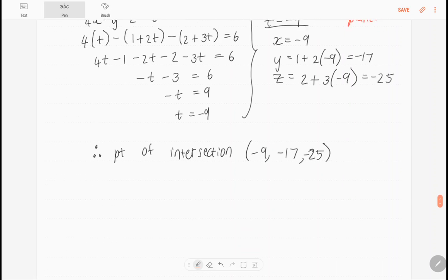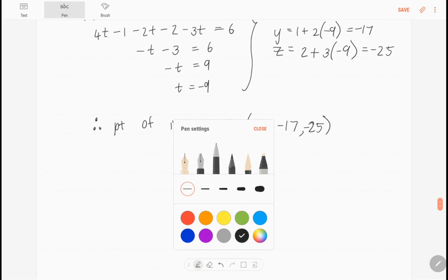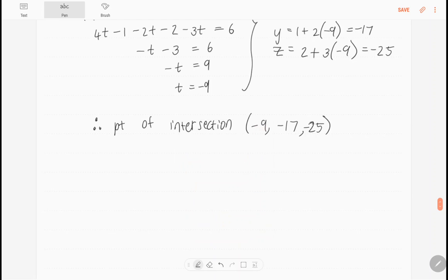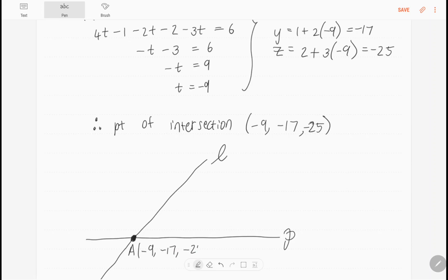So let's just look at what we have going on here. So I'm going to draw a 2D drawing of what we have. So this is our plane. Then we have a point A. That point A is where our line intersects our plane. And this point has coordinates, I'm just going to call it point A, minus 9, minus 17, minus 25.